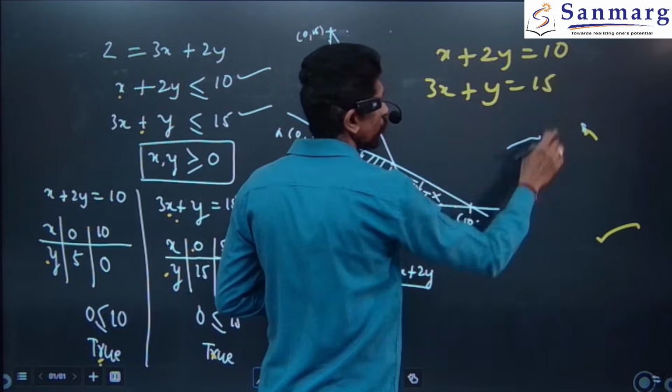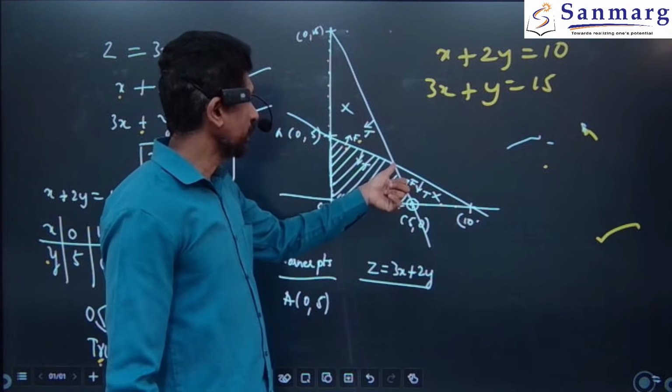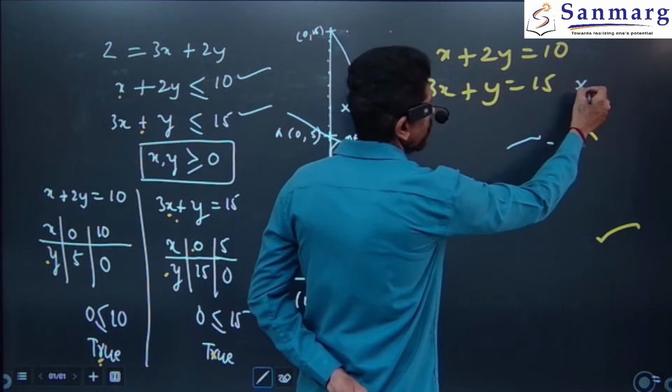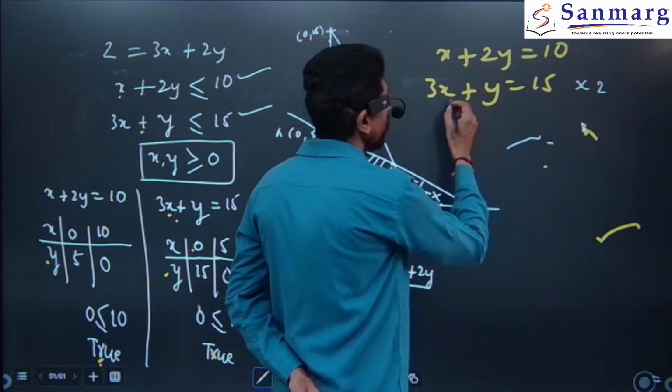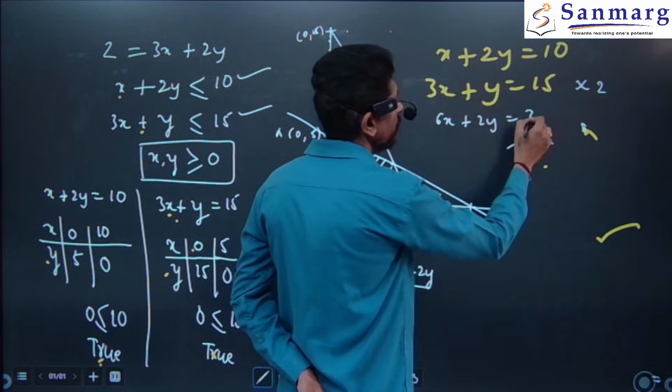So by these 2 equations you have to get the corner point, meaning the intersecting point. So now here you have to multiply by 2. So automatically what happens, 6x plus 2y is equal to 30 comes.